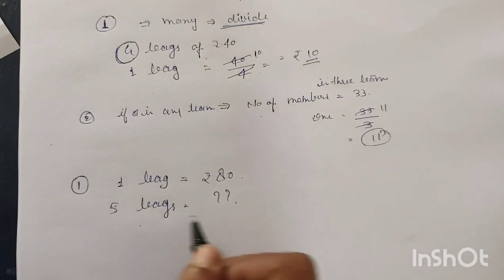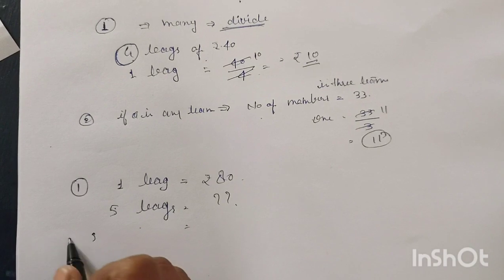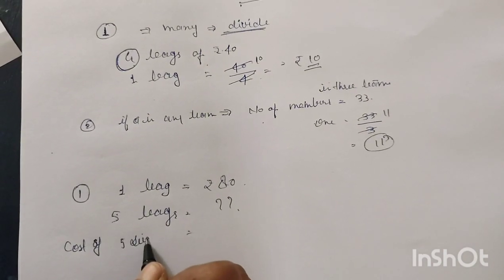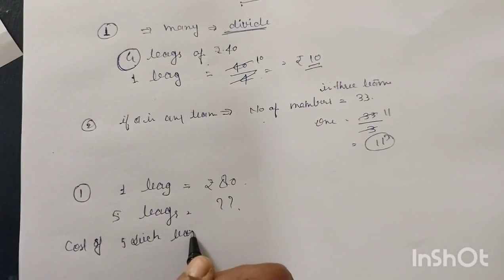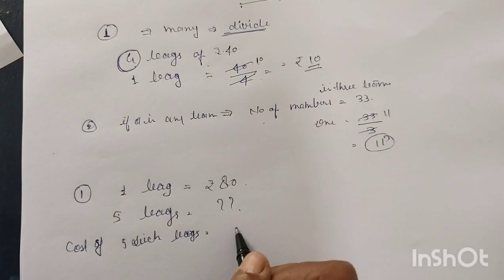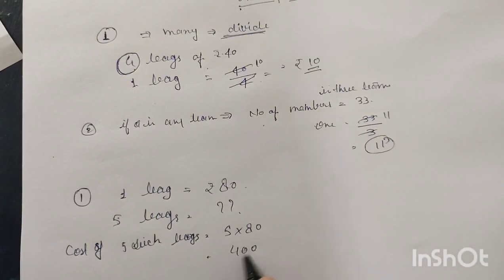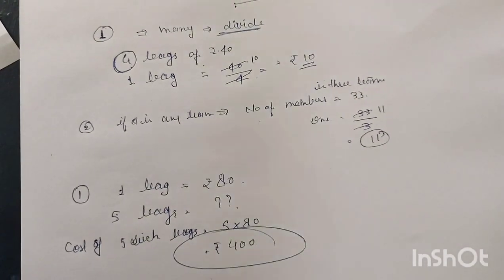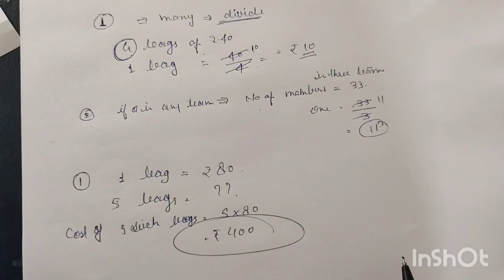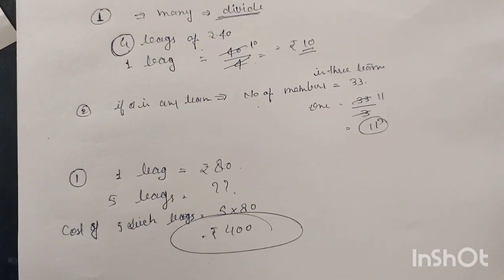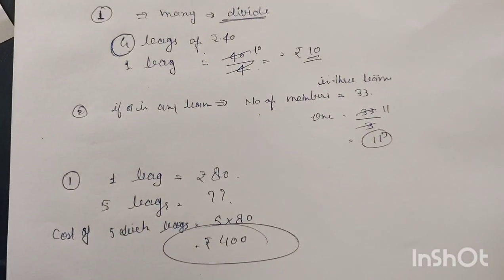So what will we do? Cost of 5 such bags is equal to 5 into 80. It will be equal to 400 rupees. The cost of 5 such bags is 400. In this way we can find the value of many if we are having the value of 1, right?